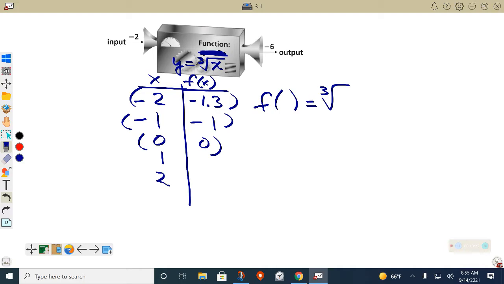All right. The function at 1, the cube root of 1. Now I think I can probably answer that one if you put a gun to my head. 1 to the third power is 1, right? The function at 2. Cube root of 2? I would go with positive.